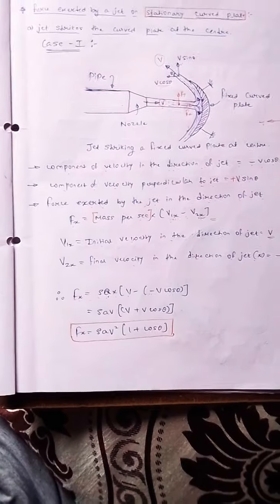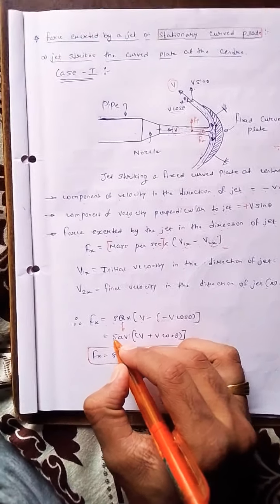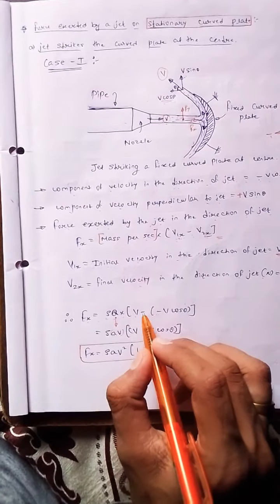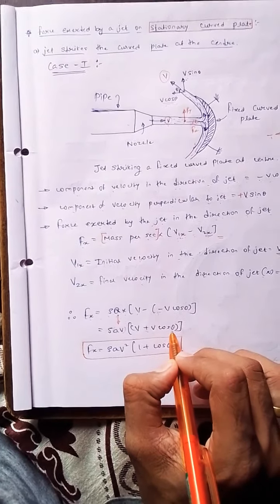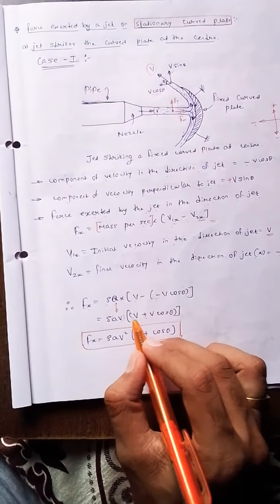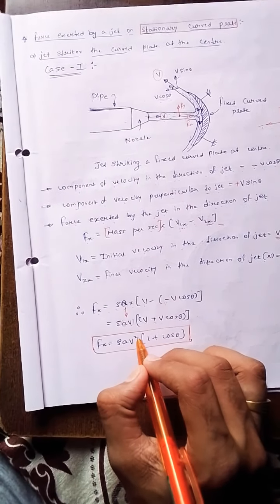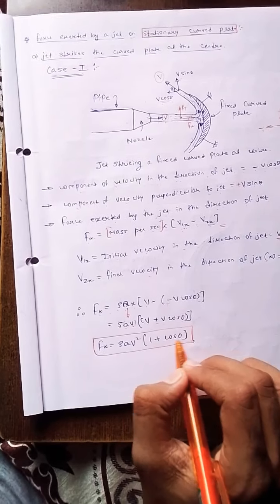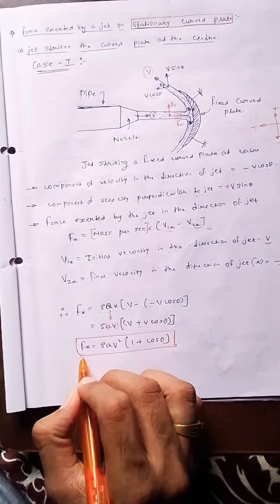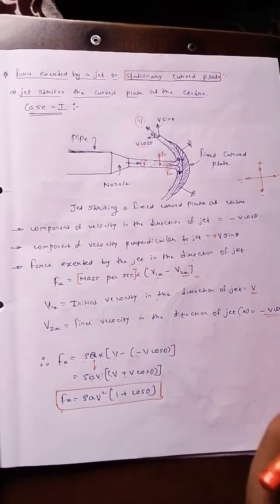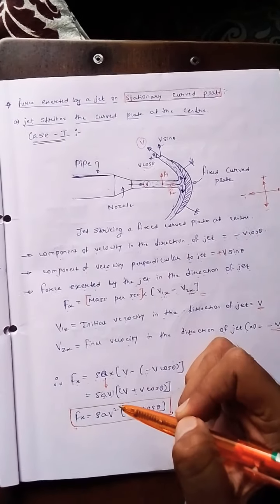Okay, so in the next part we will be replacing Q with A into v, so it will be rho into A into v in bracket, minus minus will be plus, so v plus v cos theta, correct? And in the next step we will be taking v as a common factor, so rho into A into v into v means it will be v square into 1 plus cos theta. So this is the final equation of the force exerted by the jet in the direction of the jet, means what?